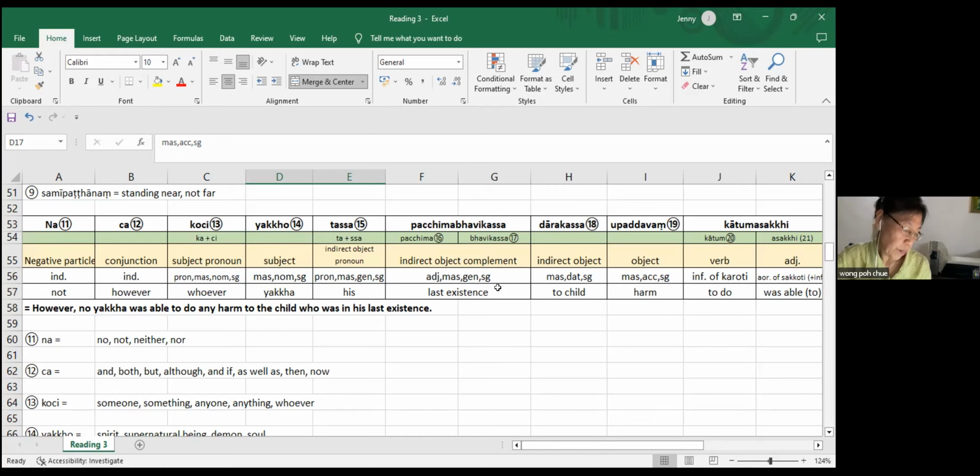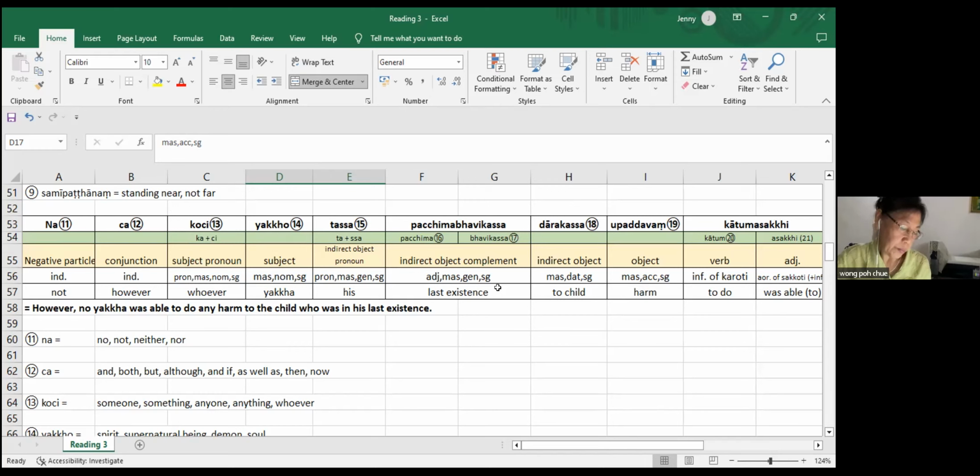This Tassa here is an indirect object pronoun under English grammar. But for Pali, it is a pronoun, masculine. I take it as genitive singular. Refers to his. And Pachima Pavikasa.